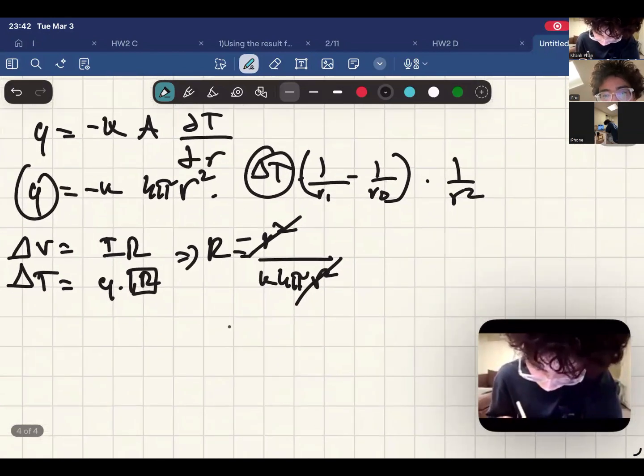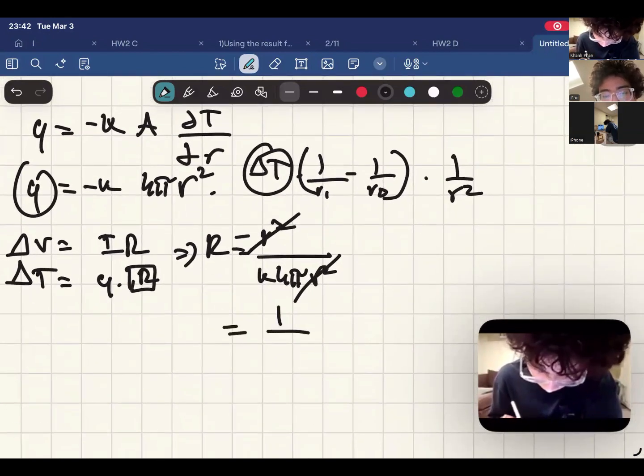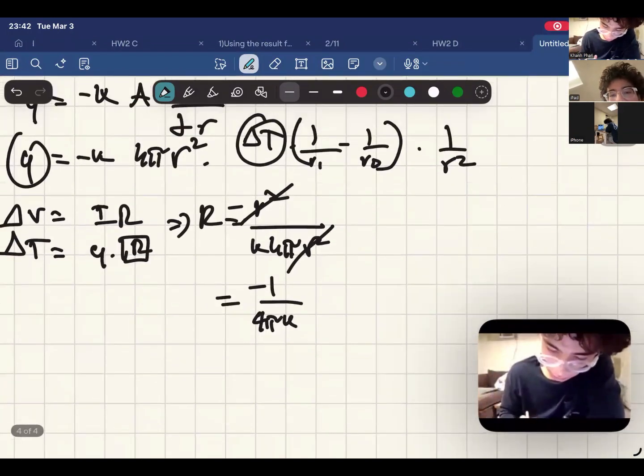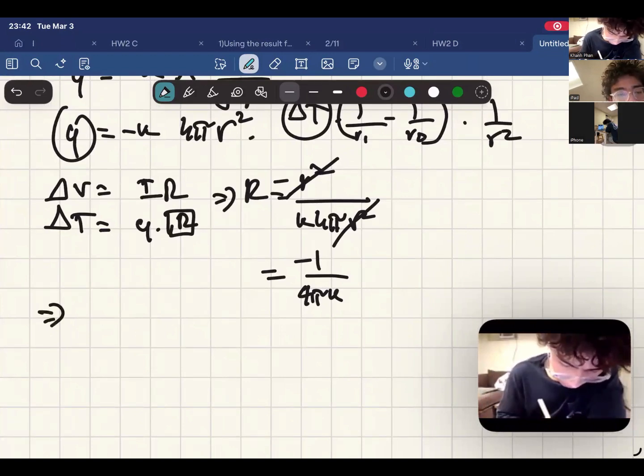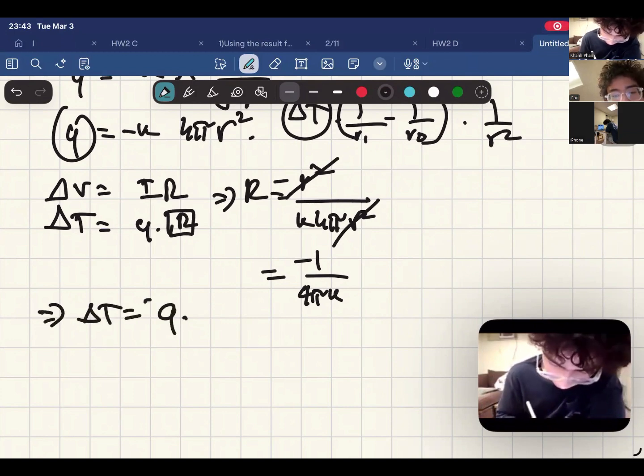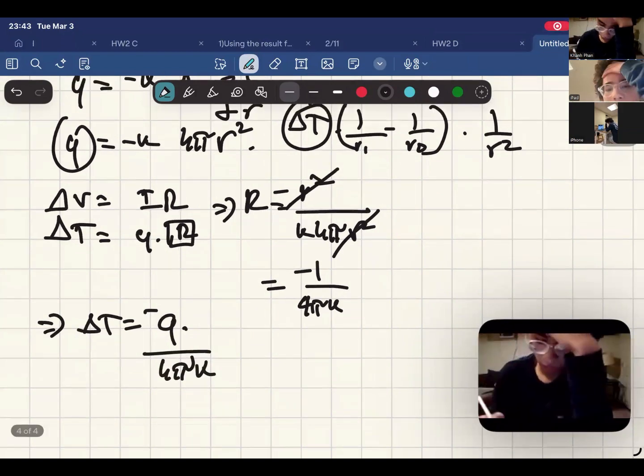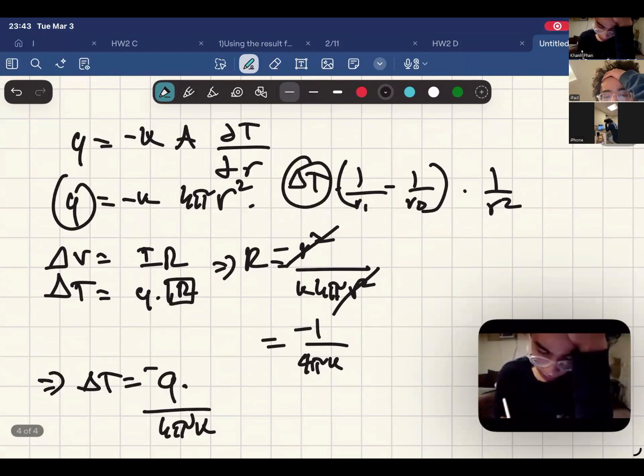So cancel r squared out, we would have 1 over 4 pi k. 4 pi k would be the resistance.